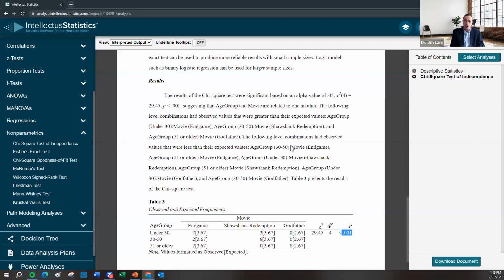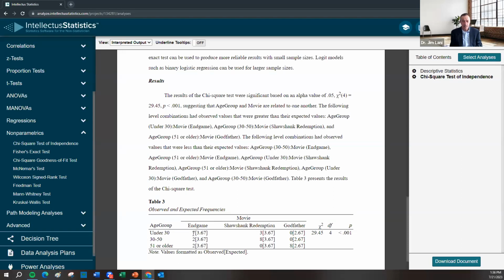Once we know that the model is significant and that these things are related, then we're just drilling into the interpretation: which cells have a higher observed value than we expected by chance, and which cells have observed frequencies that are less than expected by chance.